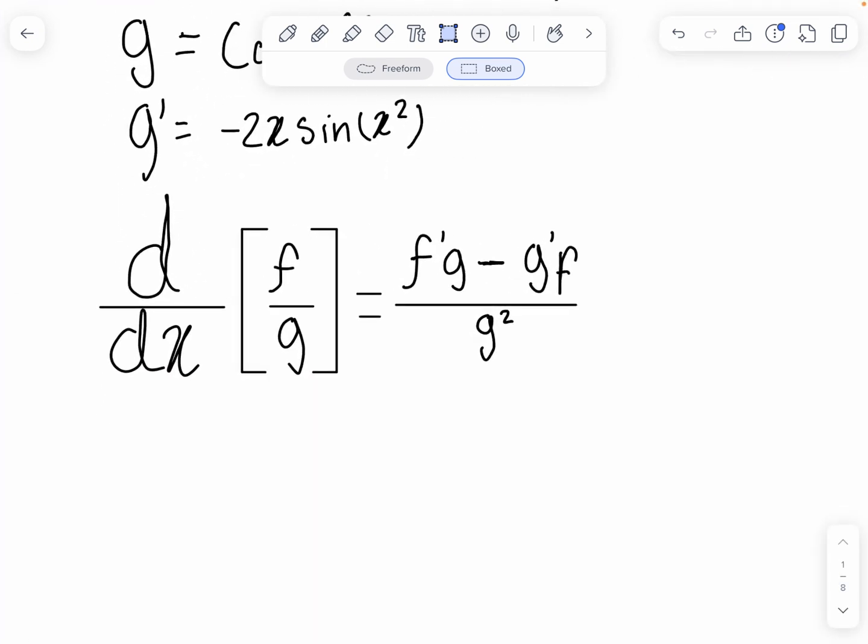We used f and g last time, so I'm just going to remove the f's. And plus, for this time, instead of using f, we used phi.